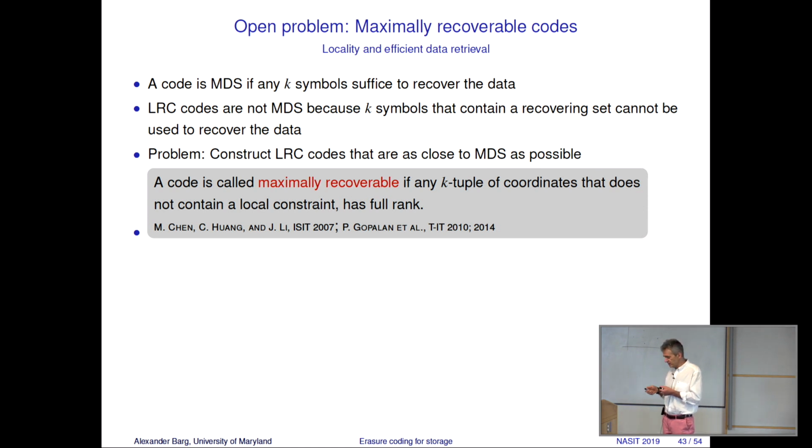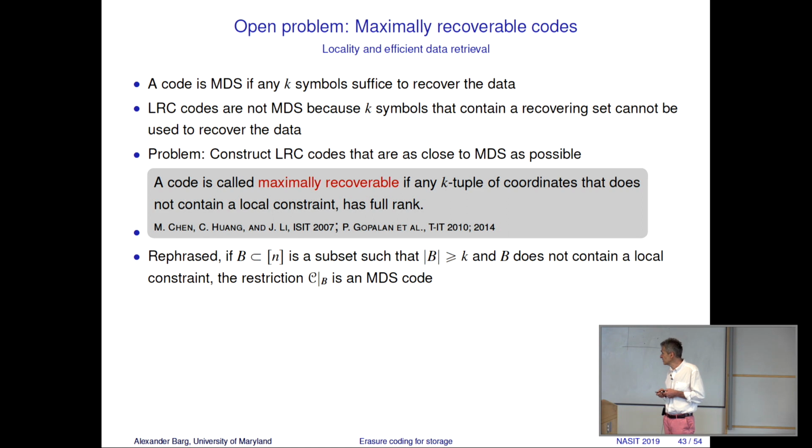The first paper is that by, again, the Microsoft group. Here, two papers. This is the one that isolated the concept of MR codes. If I rephrase the definition: if a subset of coordinates of size at least k does not contain a local constraint, then the restriction of the code to that subset is MDS.